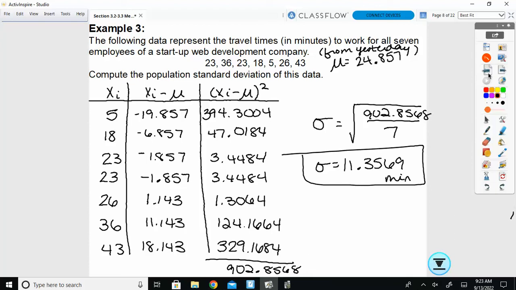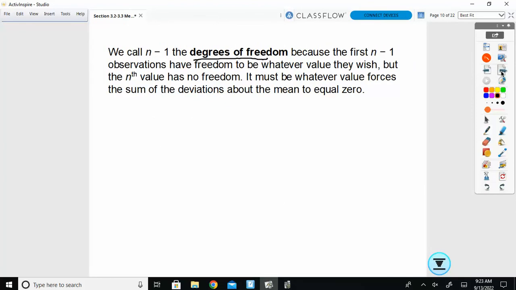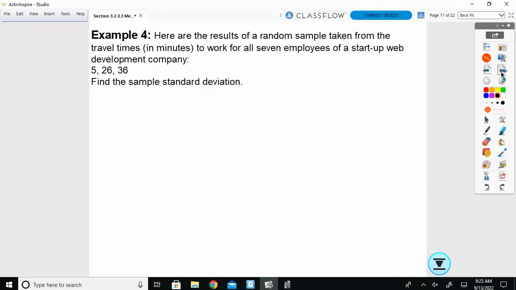If you have the true center, you should have the same amount above and below the mean. And it's called degrees of freedom because if you knew all the first however many, you could figure out what the last one had to be because it has to add up to 0. I'm not going to test you on that right now, just kind of a side note, but that's why it is what it is. Right now you just really need to be able to use the formula, and it's given to you on your formula sheet, you don't have to memorize it.